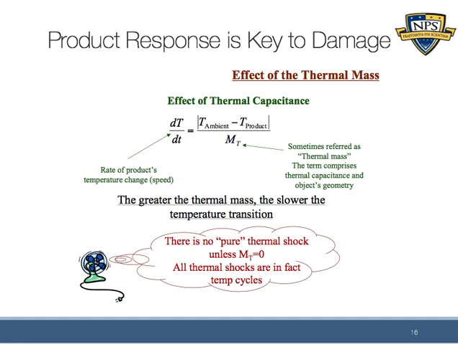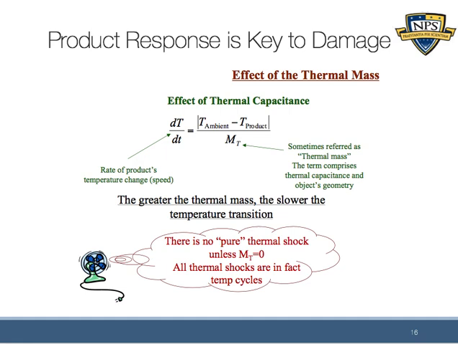Building off something we've previously talked about, a product's response to a change in temperature is important to the damage in which it occurs. So essentially this equation in the middle of the screen is showing the rate of change of temperature. As something increases or decreases in temperature, it has an ability to take on that temperature, either slowly or quickly.